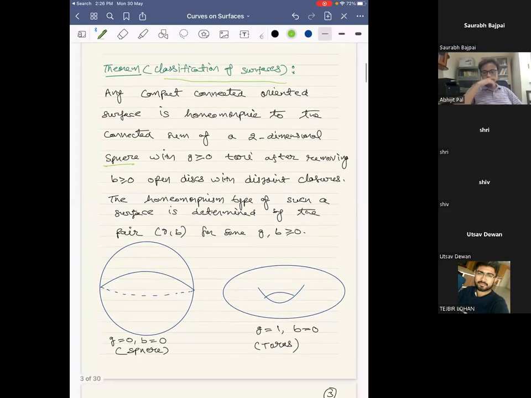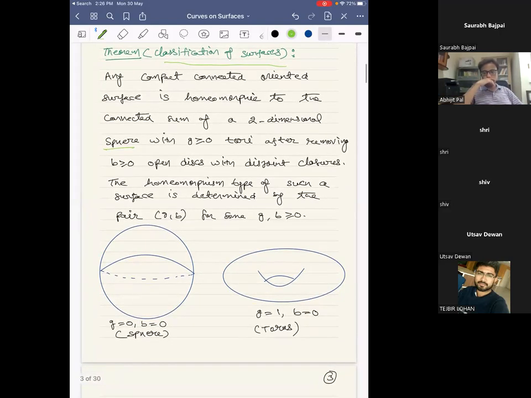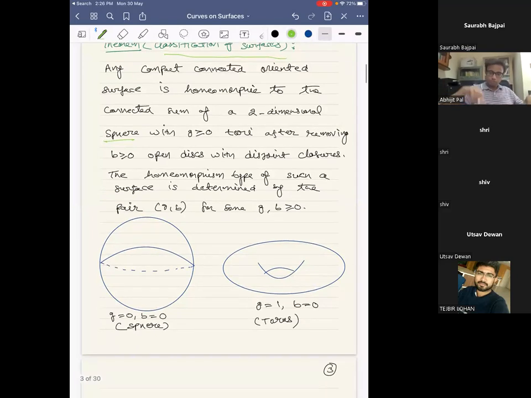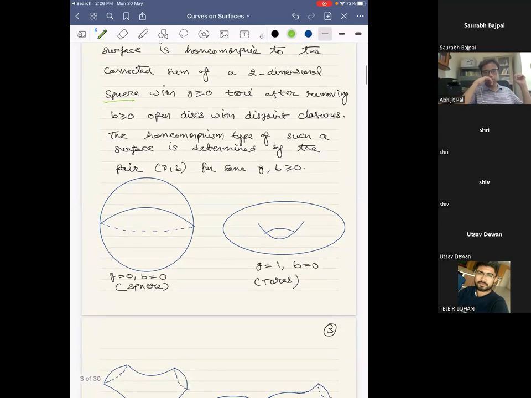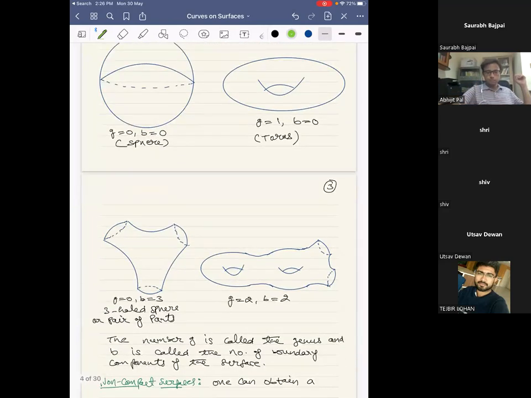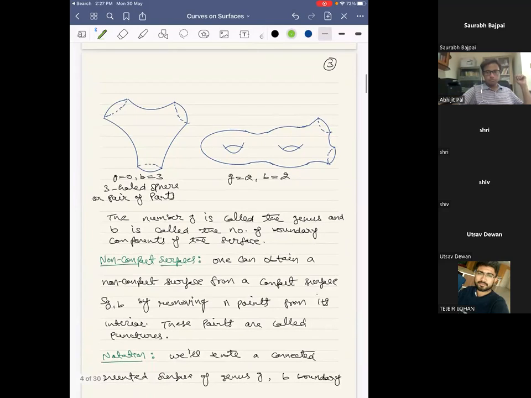And here are some examples. First is the two-sphere, right? Here G is 0 and B is also 0. Second example is the torus. Here genus G is 1 and B is 0. There is no boundary component. Next we have the three-holed sphere, also known as the pair of pants.